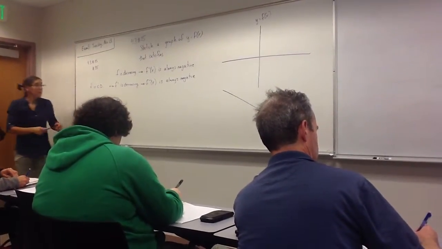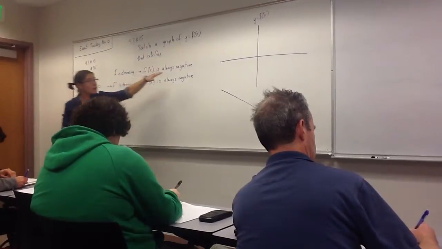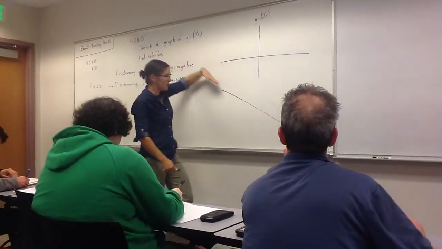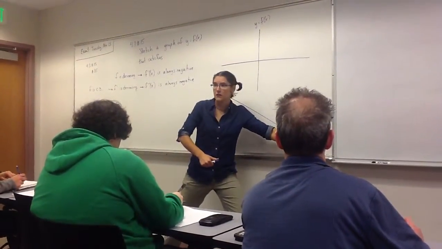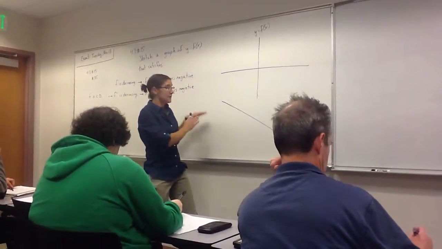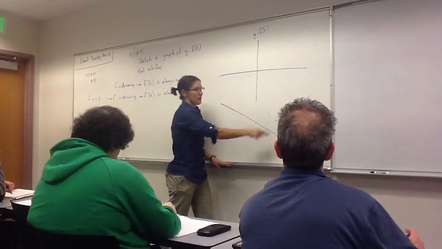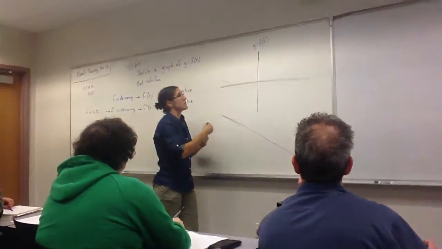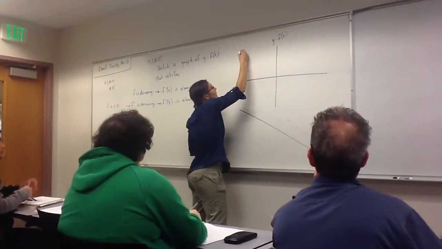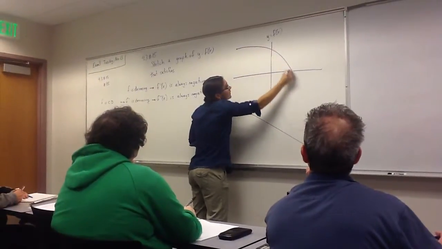Okay, so what we need here is a picture of a function f that is going downhill, decreasing, and f must also be concave down. So not only are we starting high and going low, but I also have a curvature sense here. And so I could draw maybe something that looks like this.